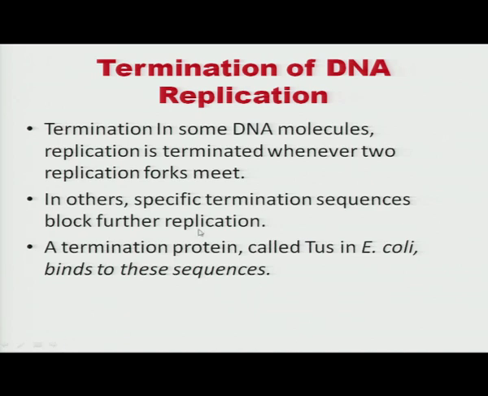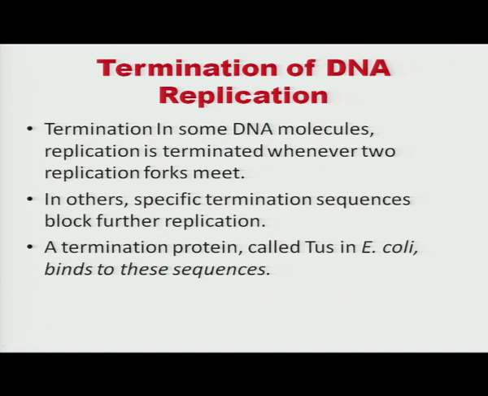Now, important, which we generally skip from the syllabus, the termination of DNA replication. In case of prokaryotic DNA replication, there are two ways of getting DNA replication terminated. One, when the two forks meet together.